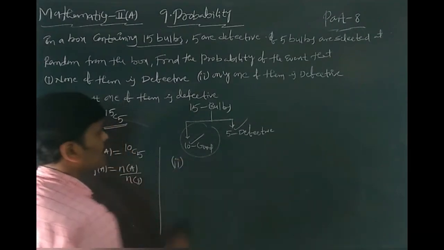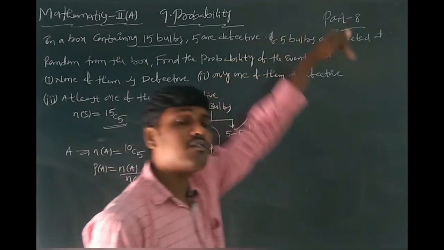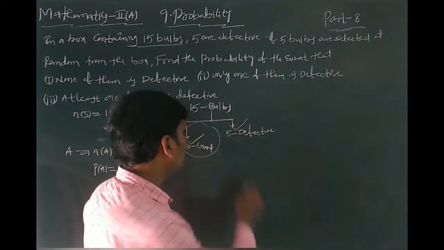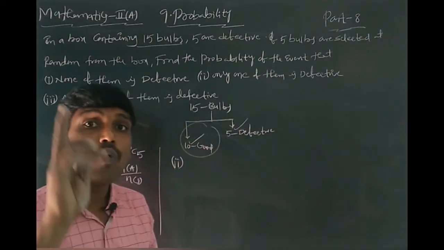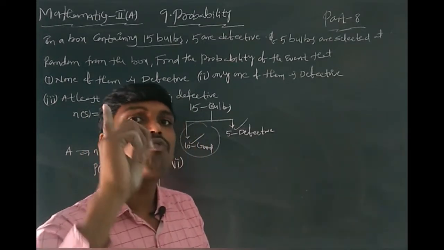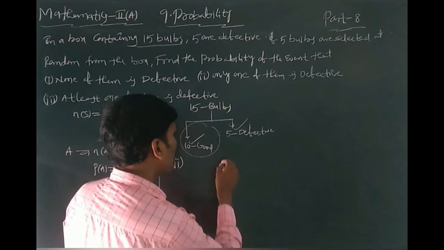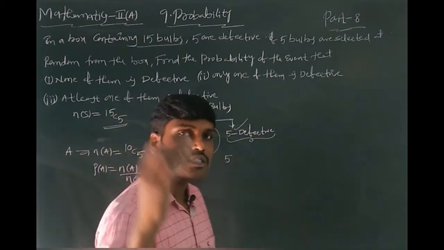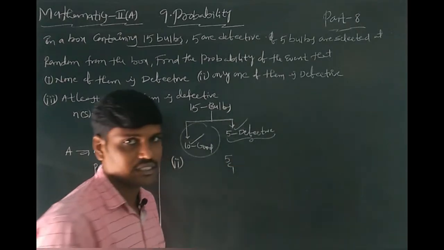After that, the second one: only one of them is defective. Here, total 15 bulbs, you have to select 5 bulbs. In those 5 bulbs, one bulb is defective, nothing but from the 5 defective bulbs you select one bulb, that is 5C1.